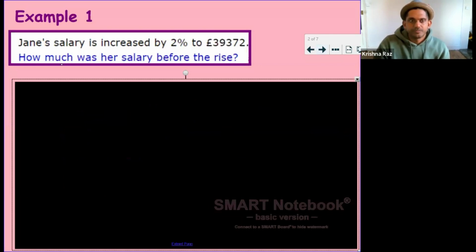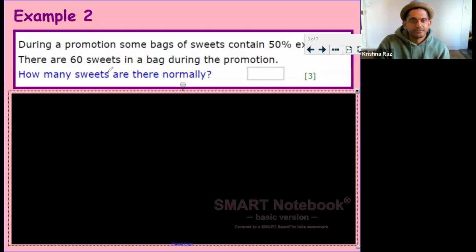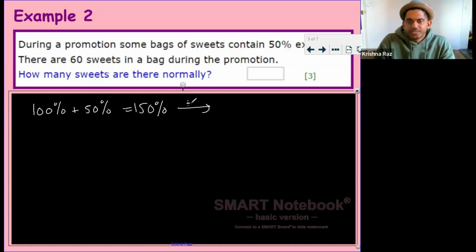So this time something's gone up by 50%. During the promotion, some bags of sweets contain 50% extra. So 100% is the original amount, plus 50% is going to be 150%. So if we divide that by 100, we will get the decimal that increases by 50%. So 1.5.